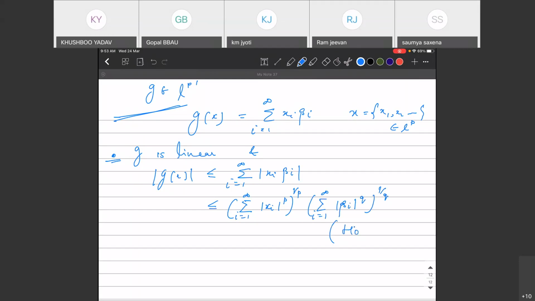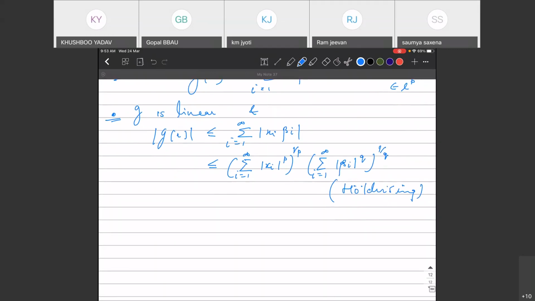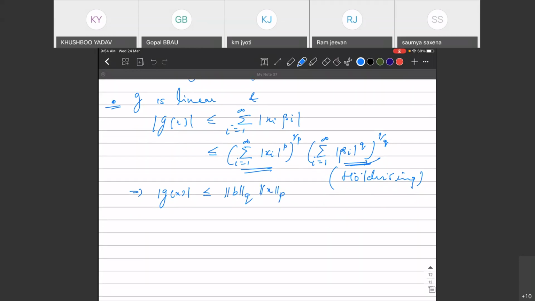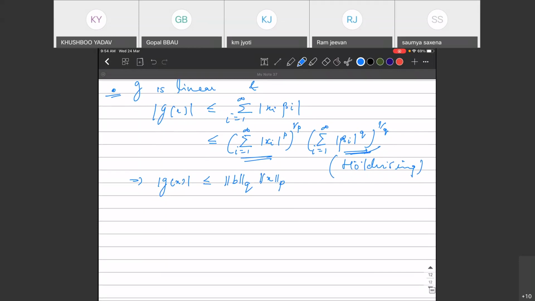This comes from Holder's inequality. So mod of Gx is less than the norm of B in q times the norm of x in p, correct? So from here, G is bounded.